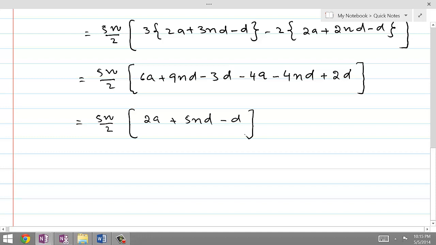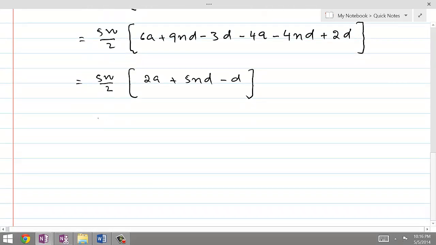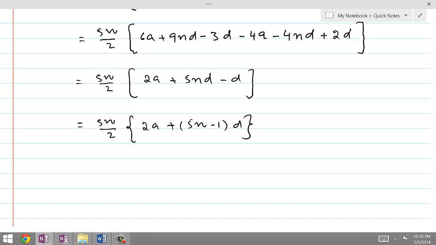So this way what we get is equal to 5n by 2 into 2a plus, if we take d common, 5n minus 1 d, which is by definition the value of S5.